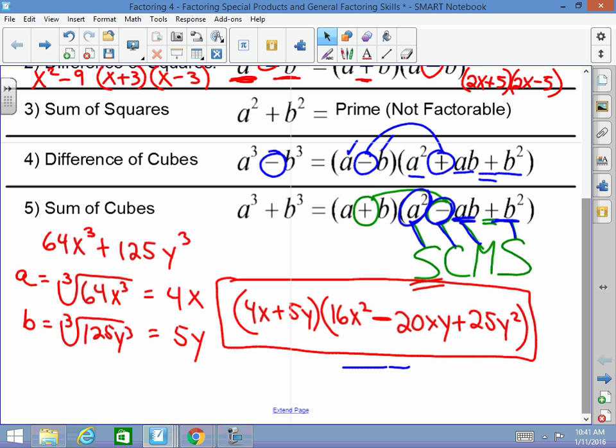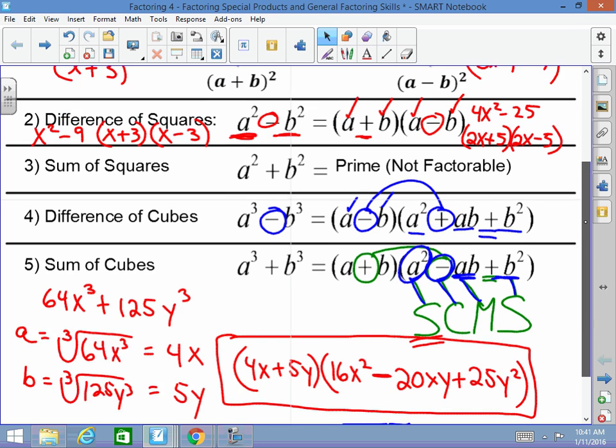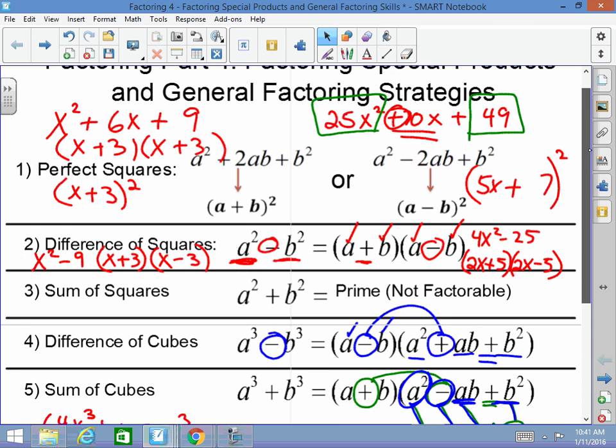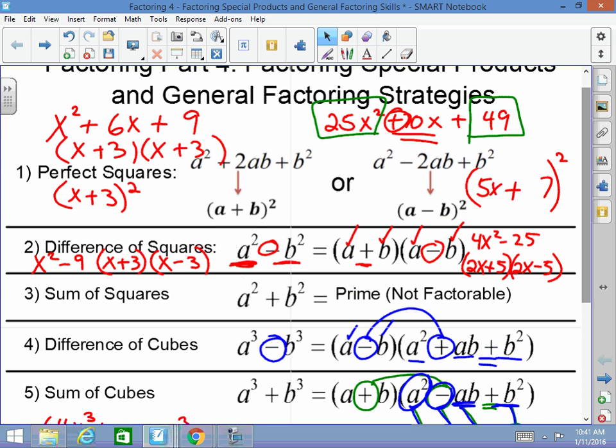So it makes sense. Perfect squares, yes. I don't understand what you mean by what order. Difference of squares, what about it?